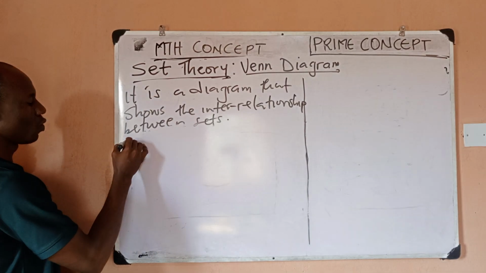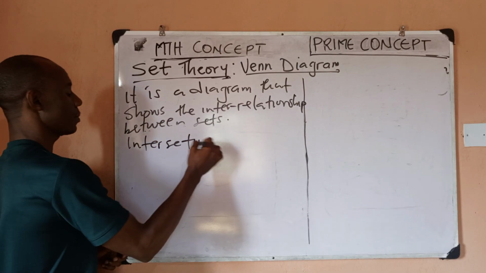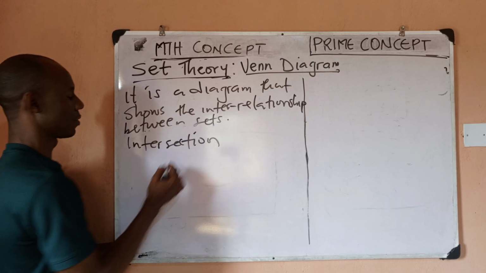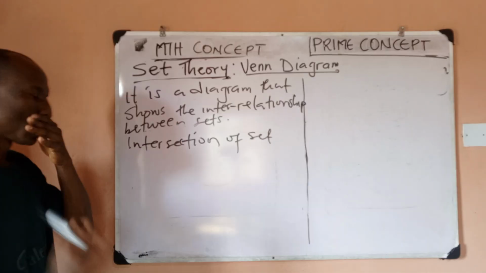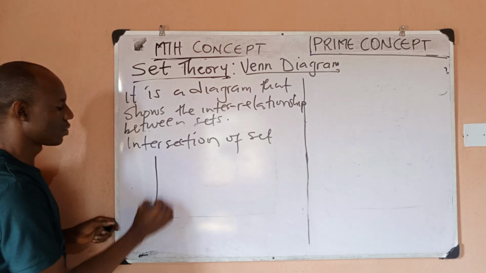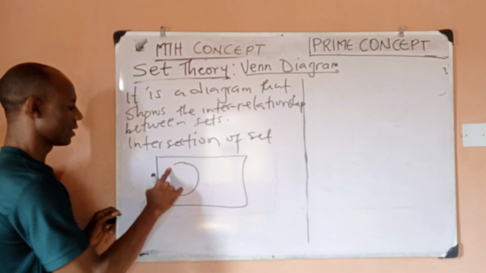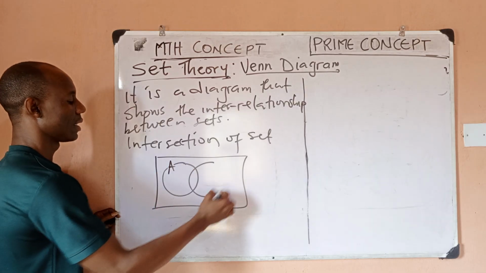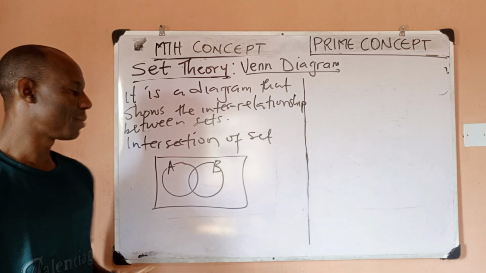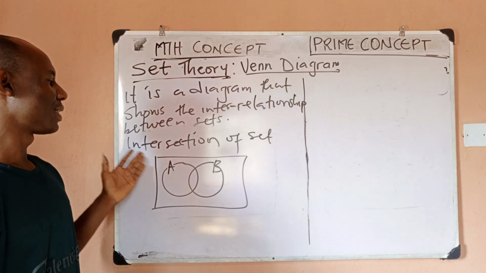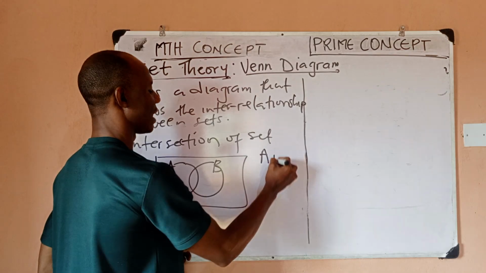Now, say we want to look at intersection of sets. Now, if I have 2 sets like this, I have this is a set A, and then I have this is a set B. If I want to indicate, say I'm not dealing with elements, for example, I want to indicate the intersection between A and B, which is denoted symbolically as this.